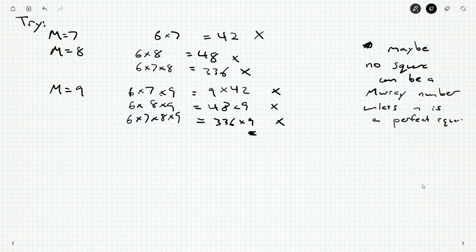And even that might fail, I don't know. But notice that 9 didn't change it. We still get these other factors in here, and since they're not perfect squares and 9 is, the result can't be a perfect square.